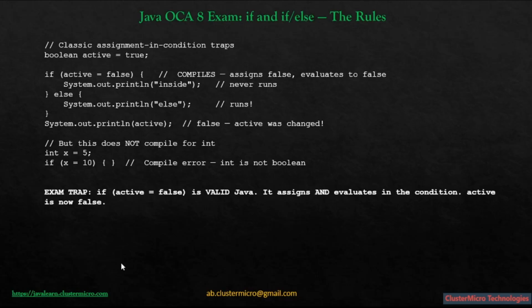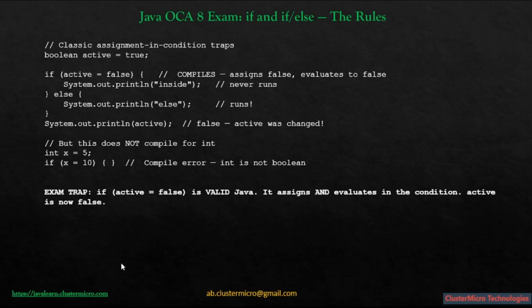This happens because a boolean assignment expression returns the value that was assigned. So active equal to false assigns false to the variable active and also evaluates to false. Since the condition evaluates to false, the if block is skipped and the else branch executes. At the same time, the variable active has now been changed to false.